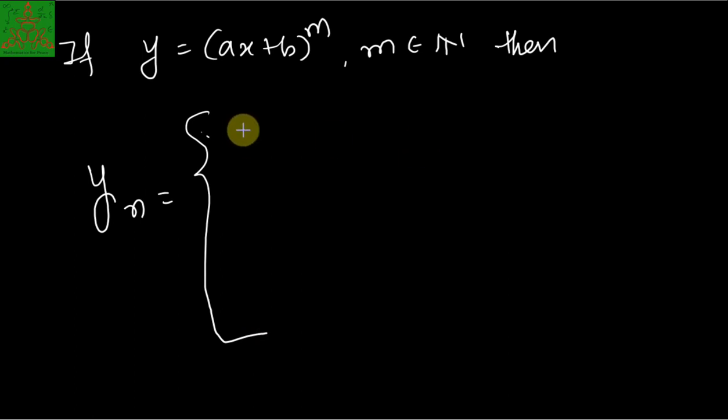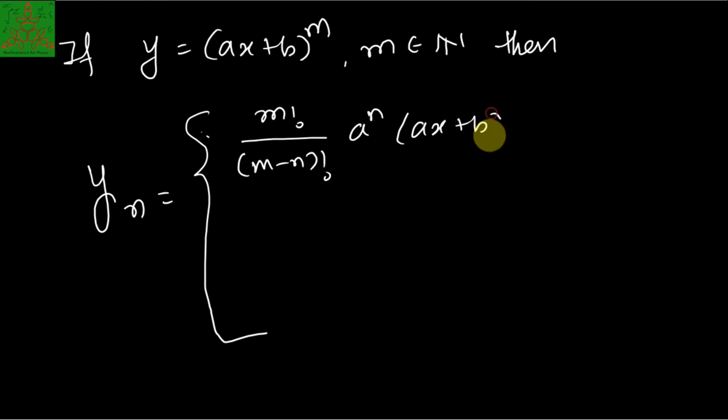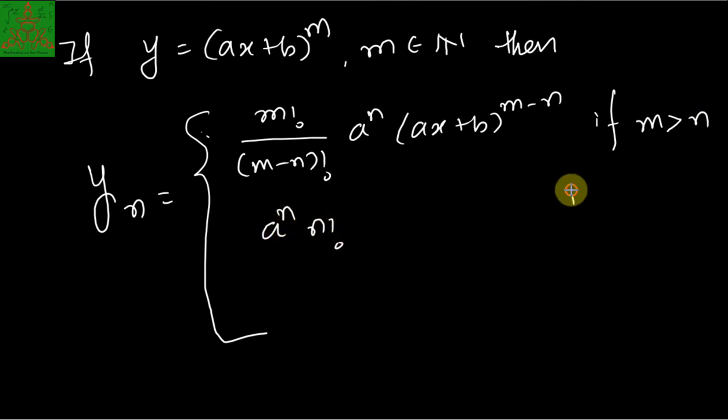The first one is m!/(m-n)! a^n (ax+b)^(m-n) if m is bigger than n. It is a^n into n! if m is same as n, and it is 0 if m is smaller than n.